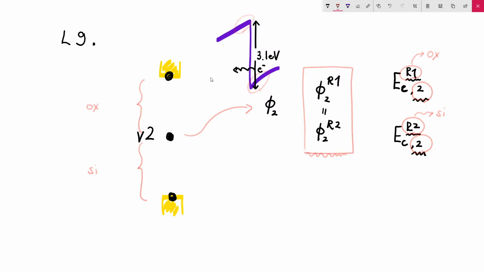More precisely, if you have read our book, Introduction to Computational Microelectronics, you can immediately understand the reason why we have the continuity of the electrostatic potential.